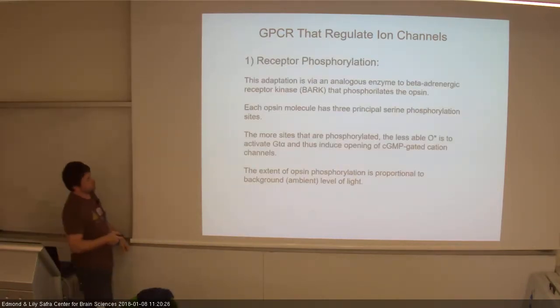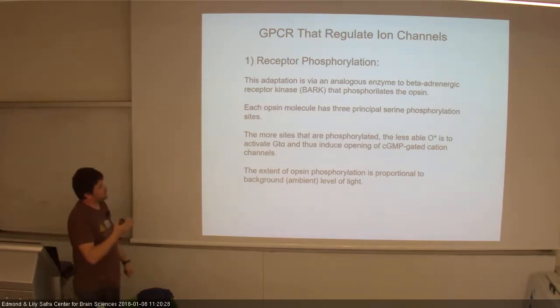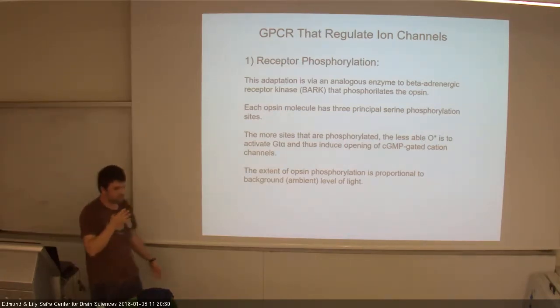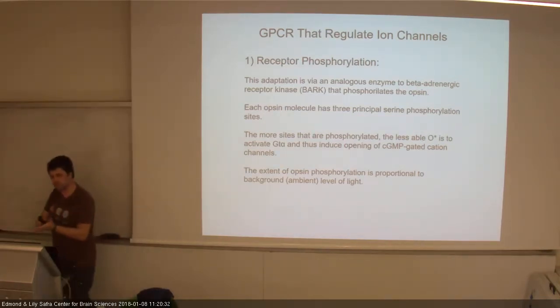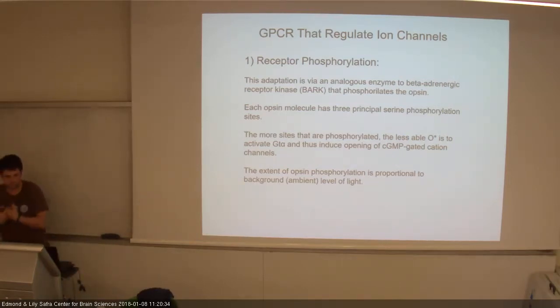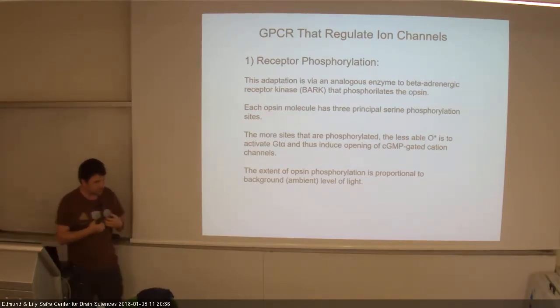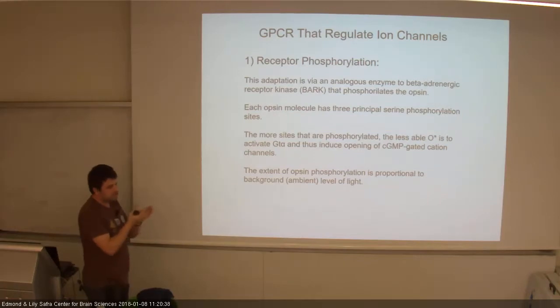Think about the fact that we're talking about the visual system, and before we described an adrenergic response, but you can still see that the cellular components are very similar to what we saw before. The opsin, or the receptor, is phosphorylated by an enzyme that is very similar to the beta-adrenergic receptor kinase that we saw before.